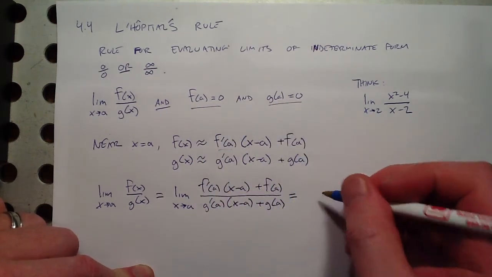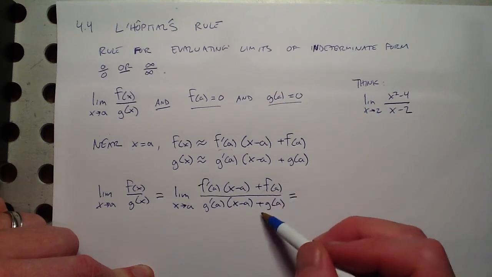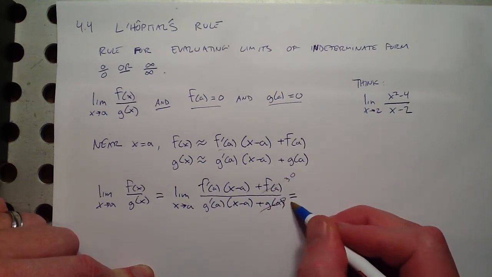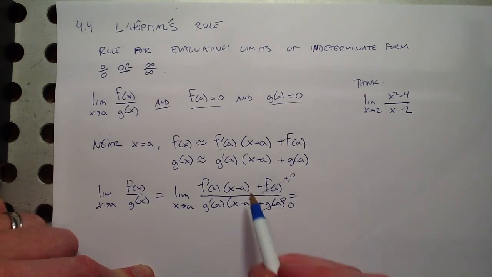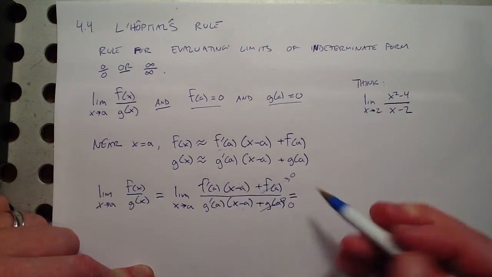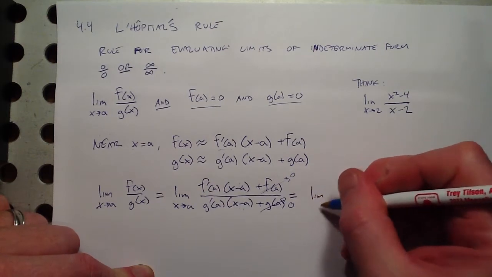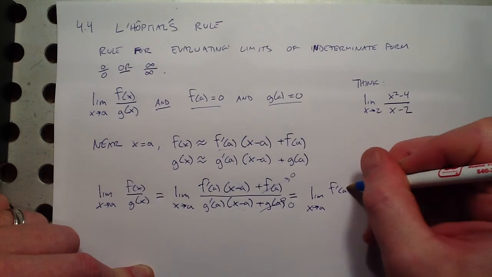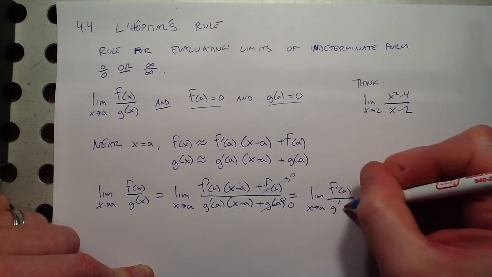So those are both 0. And if those are both equal to 0, then these cancel out. That's the x minus a. That's the thing that's causing the 0 over 0 problem, right? So we get those to cancel out. We just end up with the limit as x approaches a of f prime of a over g prime of a.